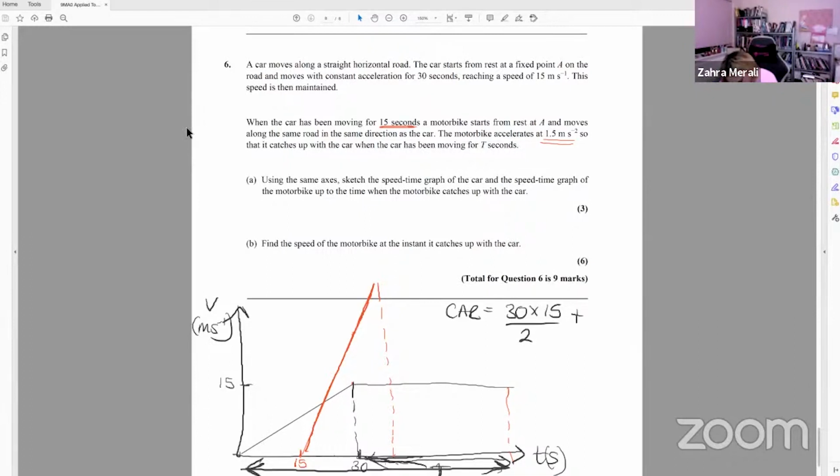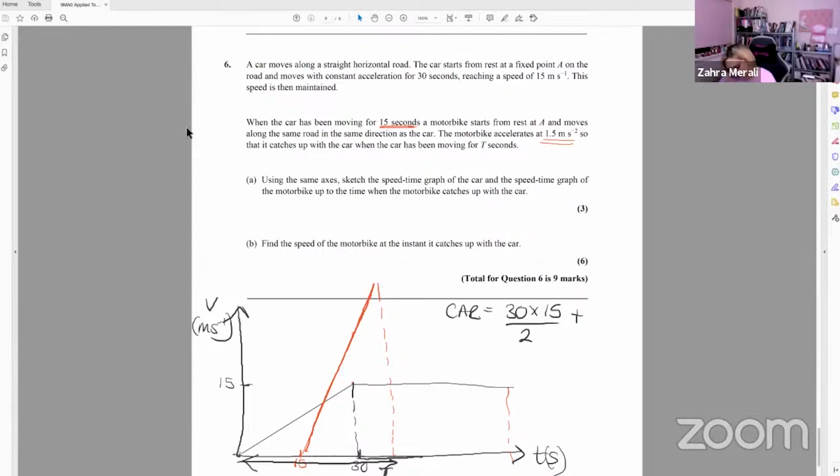We're going to call this whole distance T, the entire distance up until the point when they meet. So let me erase all of this and make it a lot clearer to see what I'm trying to show you. So we're finding this area, and we're going to call this bit T.